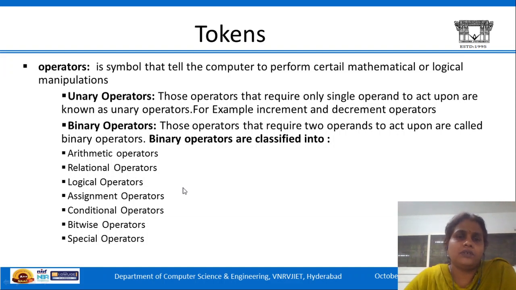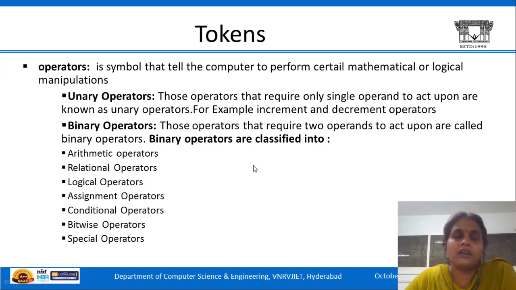And operators, we are already familiar with all the mathematical operators. Mathematical operators are used, but only the representation is different in this programming language. Basically, operators are divided into two kinds: unary operators and binary operators. Suppose you are performing one operation, addition of two numbers, a plus b.